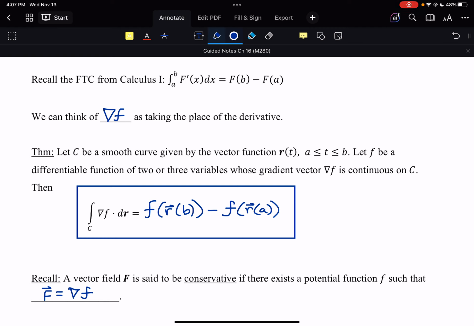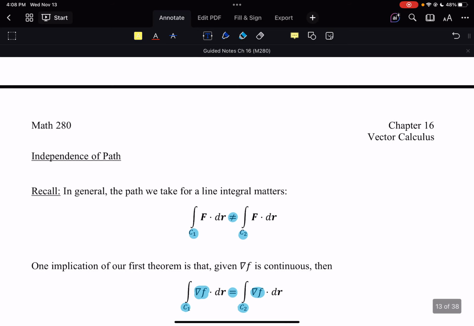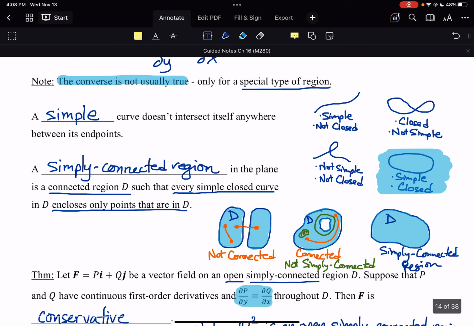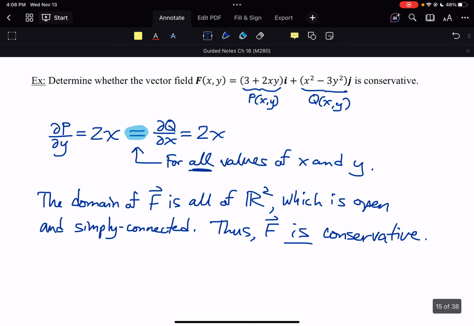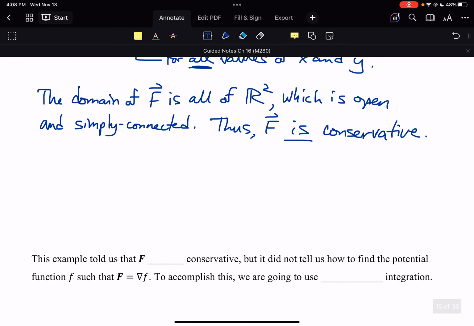But in order to evaluate this, we also need to be able to turn that gradient vector field back into the original function, that potential function, little f. Otherwise, we can't evaluate. So that's the next question. We know how to show that the vector field is conservative. This example told us f is conservative, but it did not tell us how to find the potential function little f that we take a gradient of.